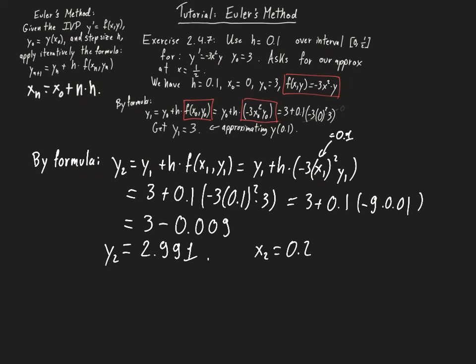So at this step in the formula here, this 3 and this 3 are now going to be substituted with this value here. And at this very same step, this 0.1 is going to be substituted with this 0.2.